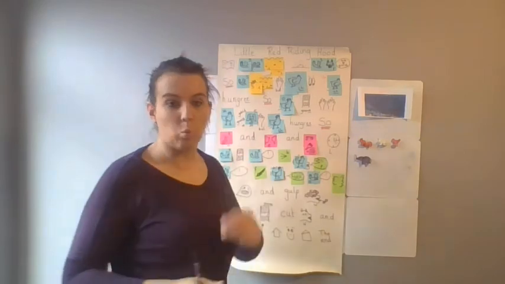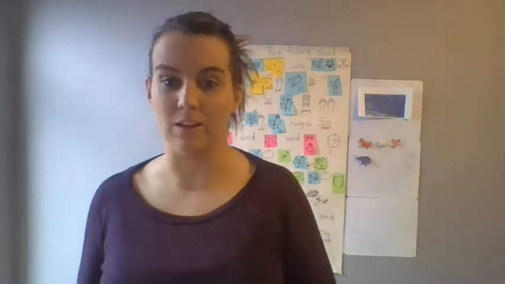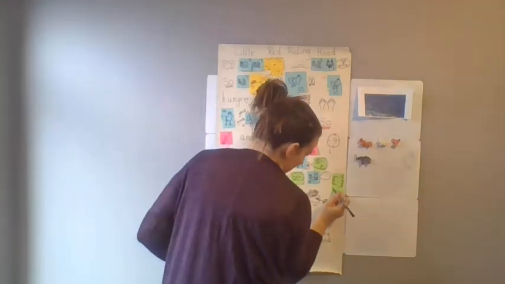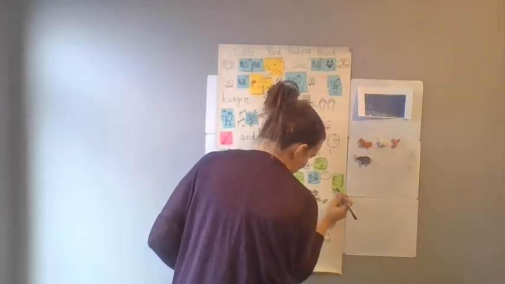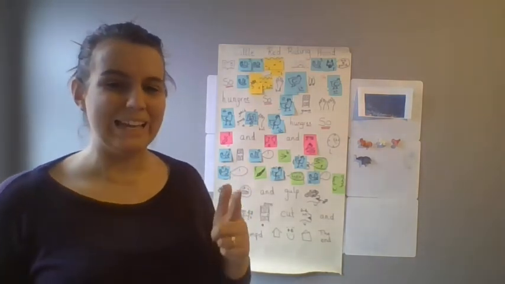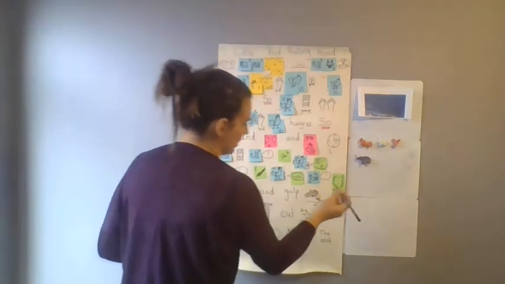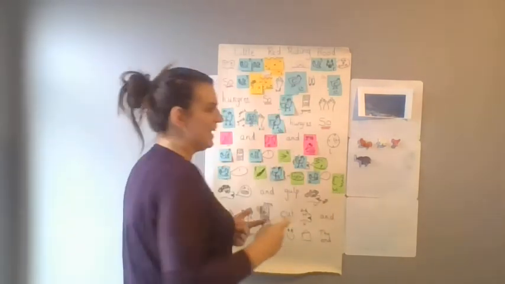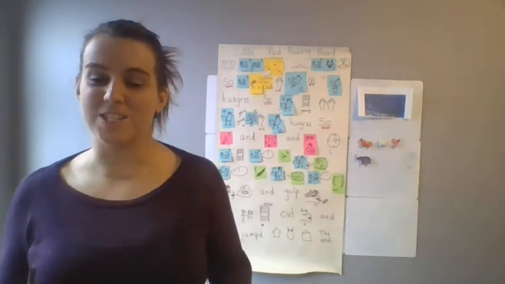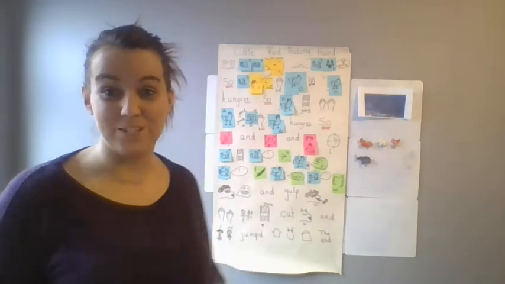What sound does wings start with? Well done. Down and up, down and up. Let's have a go at writing that word. W-eh. W-eh. Ng. Ng. I know some of you have been learning that sound today.